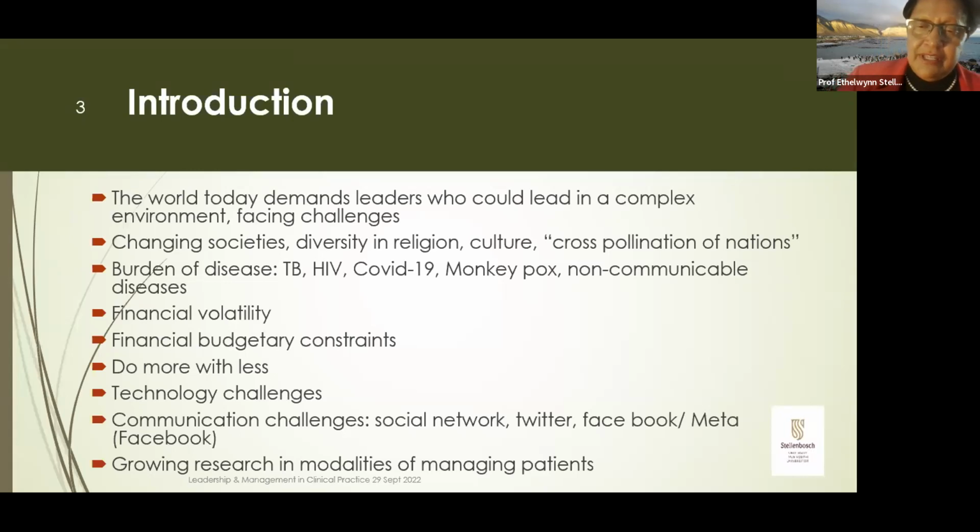Monkeypox was one of the latest things, and we were all so scared. I myself was preparing to go for a holiday in the UK, and they already had so many cases in the UK, and I was saying, I'm not going to shake hands with anybody. We were pretty scared, and I had to go on this holiday because otherwise I would have lost those credits. And then there's the financial volatility.